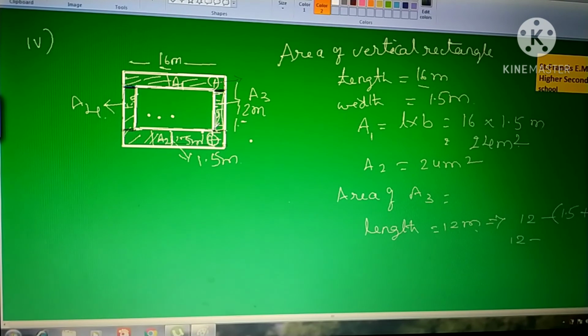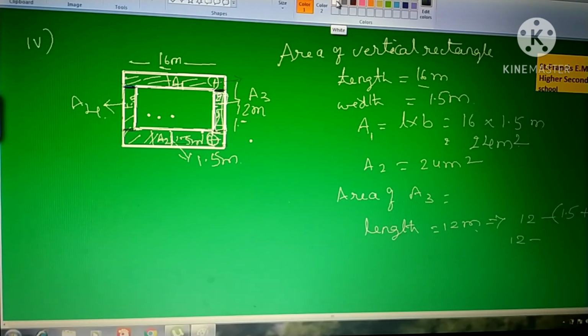We only have to find this region. So 12 minus 1.5 minus 1.5, you will get 9 meters. Okay, 9 meters into 1.5 meters, you will get 13.5 meters square.